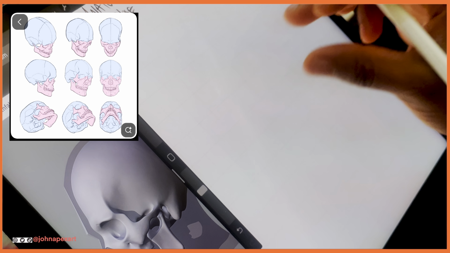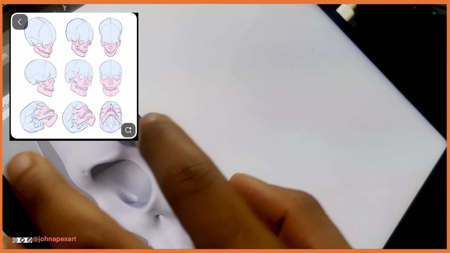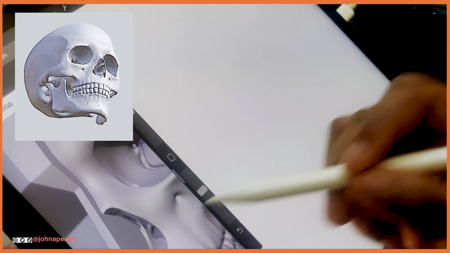Once you look at the skull, you begin to intuitively see the distance between the eyes, how the jaw moves in the mouth, and you begin to ask yourself a question as to why there is this hole at the skull, right?